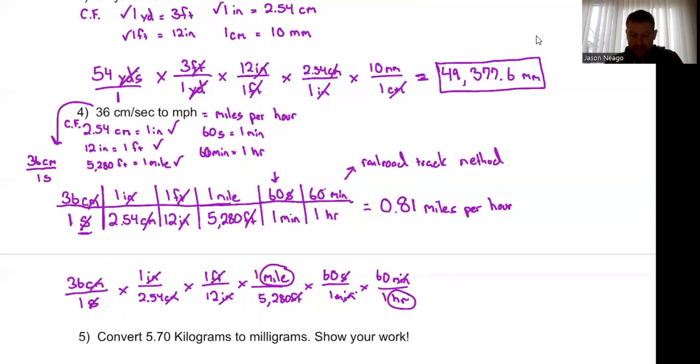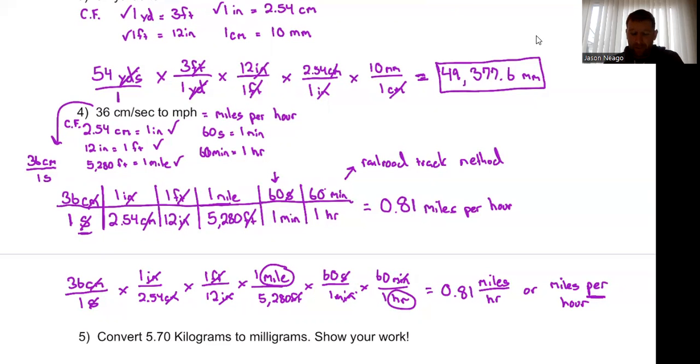So 36 divided by 2.54 divided by 12 divided by 5,280 times 60 times 60, and you're going to get the same thing. So 0.81, and I have miles over hours, or miles per hour. So the word per basically means divide.